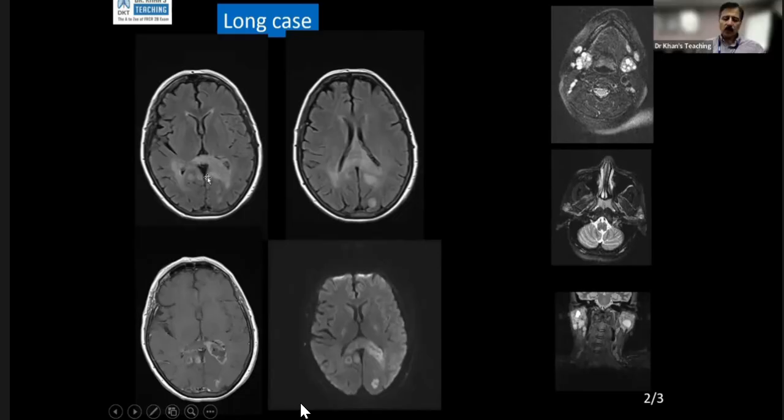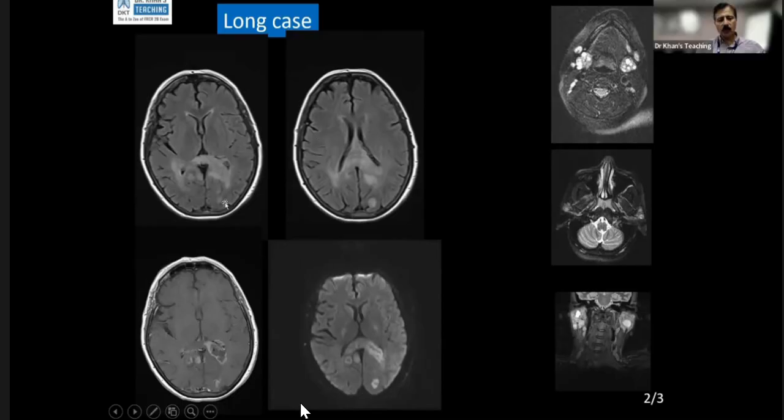Forget about what is happening in the neck. If you just tackle this case here, these are FLAIR sequences, this is diffusion weighted, and this is post contrast. What is happening here? There are multiple hyperintense lesions on FLAIR with peripheral post-contrast enhancement, some involving the splenium of the corpus callosum, and one lesion at the corticomedullary junction.